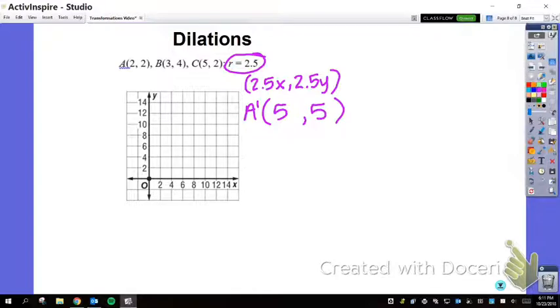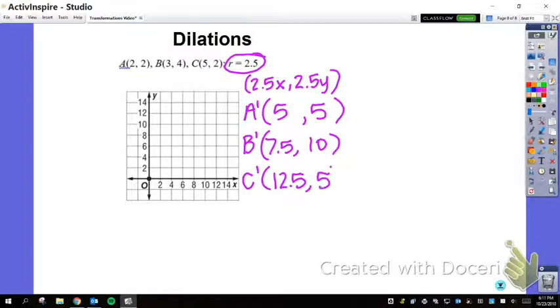So A prime is 5, 5. B prime, we have 3 times 2.5, which is 7.5, and then 4 times 2.5, which is 10. C prime is 5 times 2.5, which is going to give us 12.5. And then 2 times 2.5 would be 5.